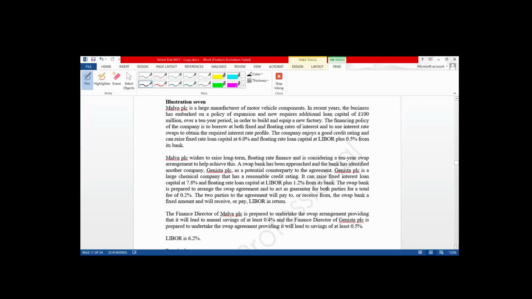A swap bank has been approved, and the bank has identified another company, Genista PSC, as a potential counterparty to the agreement.